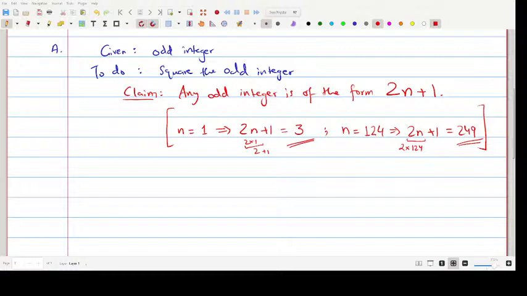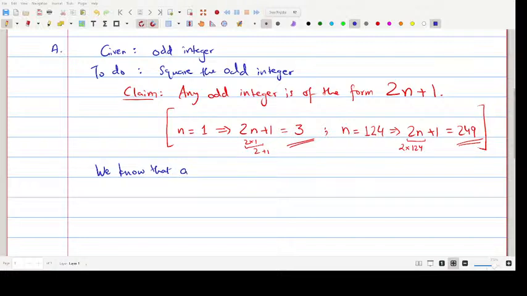Now, in order to continue with the proof, whatever I'm writing in red here is just for you to keep in your mind. So this should go in the mind, right? In order to solve this problem, we are given an odd integer and we need to square it. So we can write it as follows.